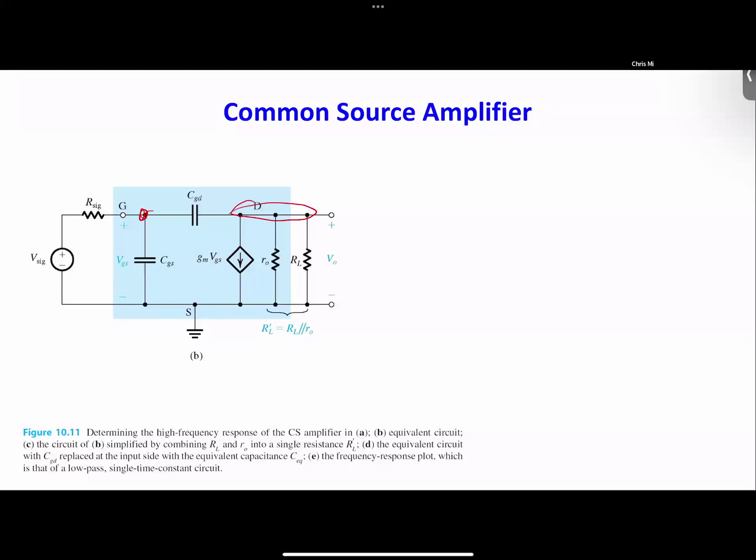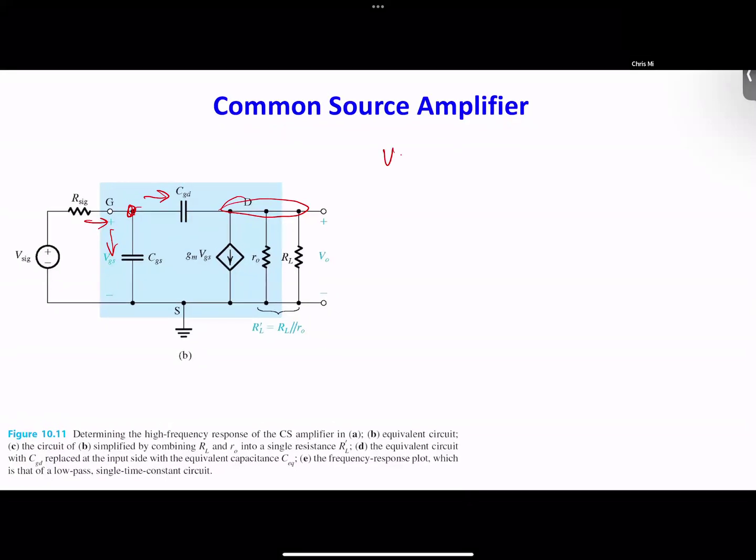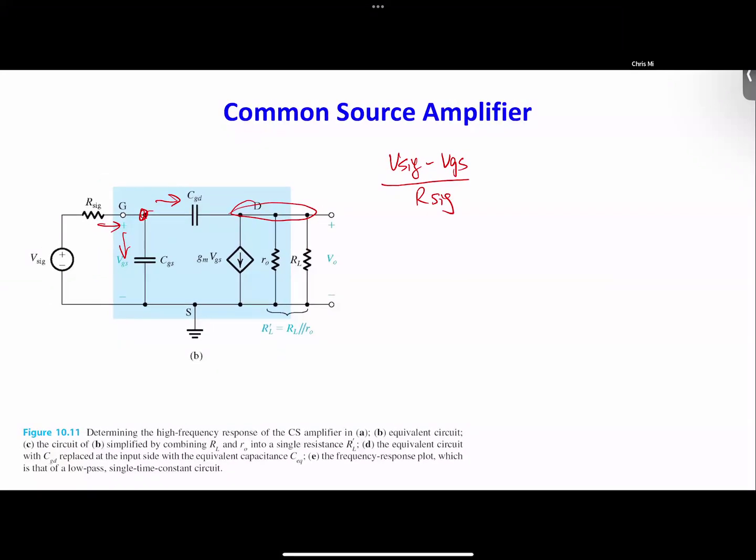On the nodal equation at point 1, we have current coming in and current coming out. So we have VSIG minus VGS divided by RSIG, that's the current coming in, equal to VGS times S CGS coming out, plus VGS minus VO times S CGD.